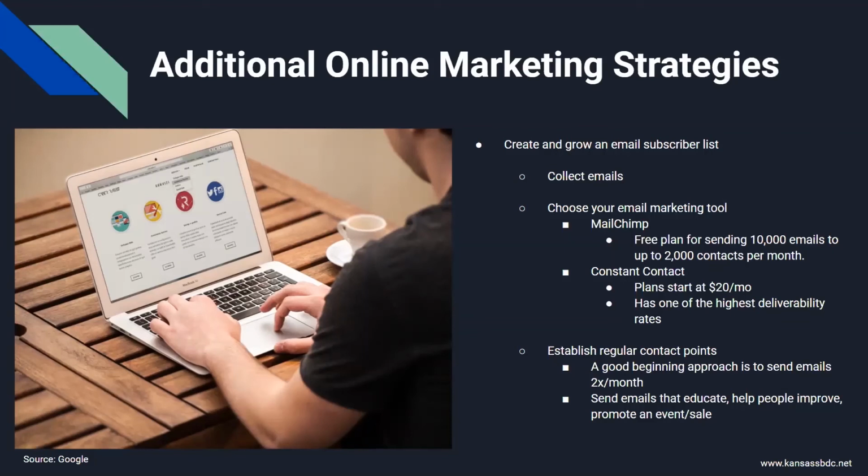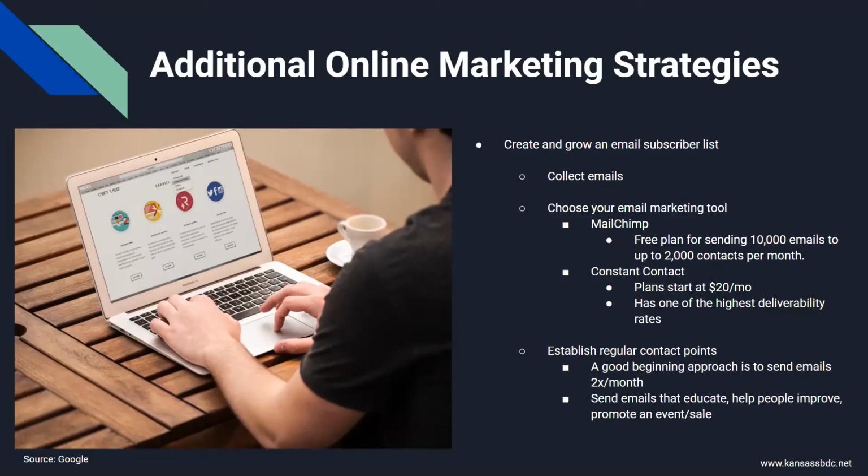If you want to do email marketing, choose your email marketing tool. So there are two really big popular ones among small businesses out there. The number one I always see is MailChimp just because it has a free plan that is pretty robust. So you can send up to 10,000 emails to up to 2,000 contacts a month.